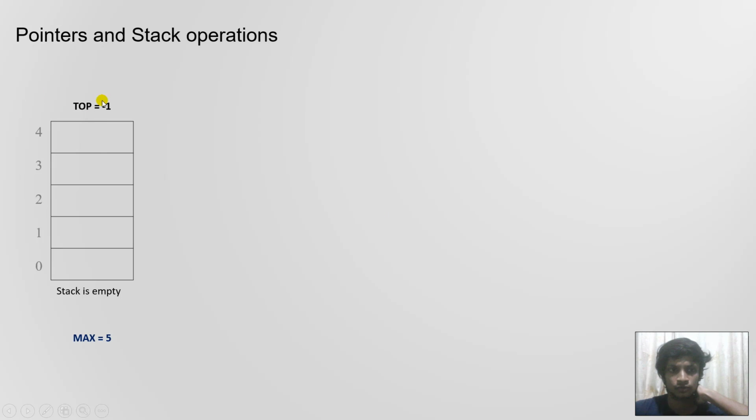So what are these things? Top is equal to -1, max is equal to 5. Max is equal to 5 because we have 5 available spaces in this stack, which means we can only store 5 elements in it. And top is equal to -1.